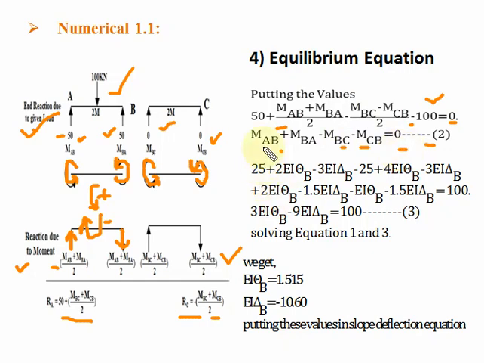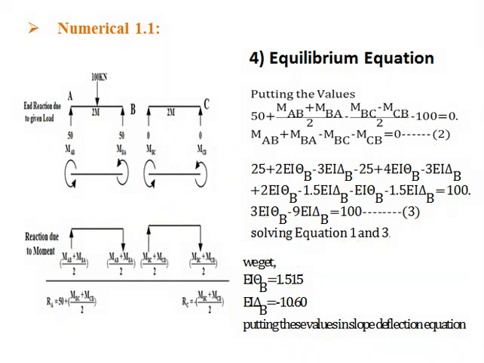Now putting the values of the end moments in the equation and simplifying, we have 3 EI theta B minus 9 EI delta B is equal to 100. Let's call this equation 3. Solving equations 1 and 3, we get EI theta B is equal to 1.515 and EI delta B is equal to minus 10.60. Putting these values in the slope deflection equations gives the end moments.